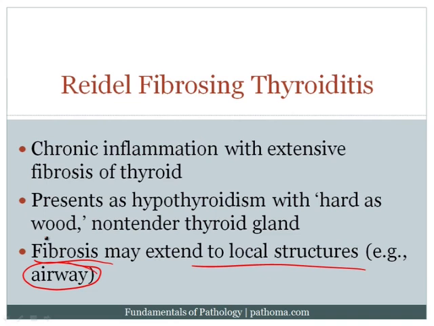So this is very high yield to note. If you've got a thyroid lesion that involves local structures in a young patient, you're thinking about Riedel's fibrosing thyroiditis. If you had the same clinical history, but the patient was 70 or 80, for example, then you'd be thinking about anaplastic carcinoma. Of course, you could do a biopsy to prove this. However, on board exams, this is a particular high-yield distinction to be made.